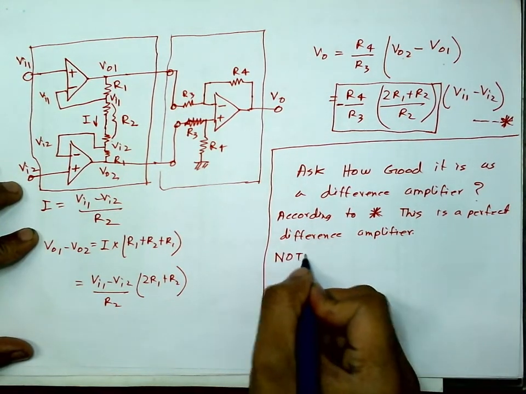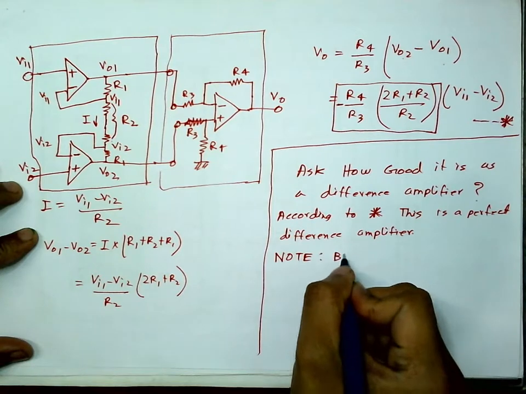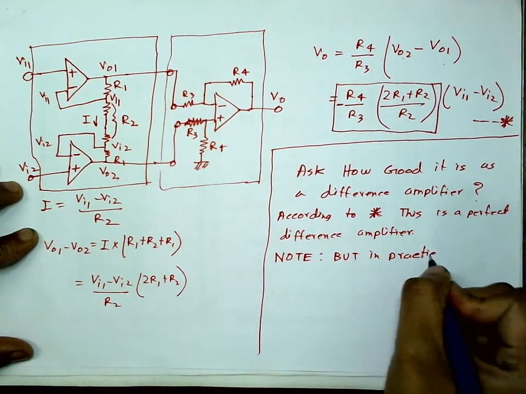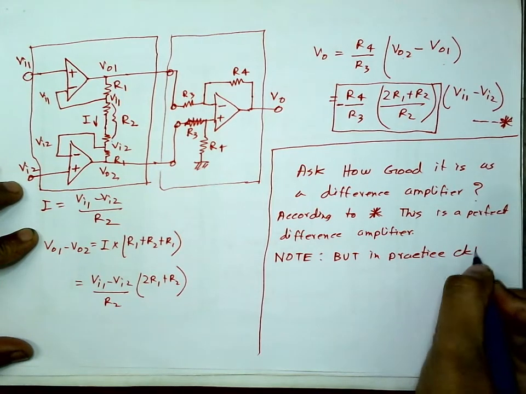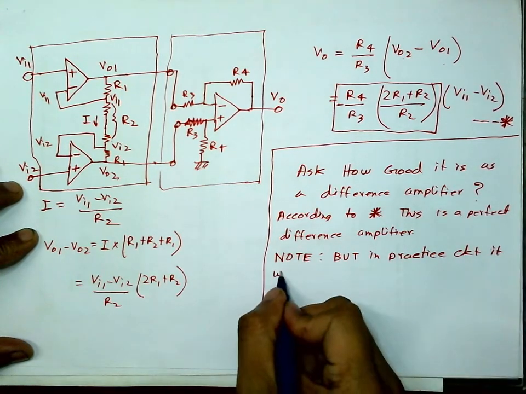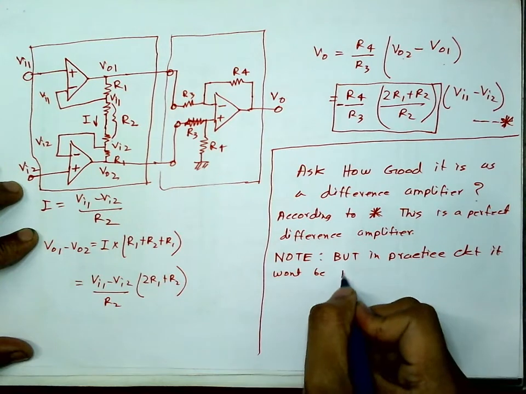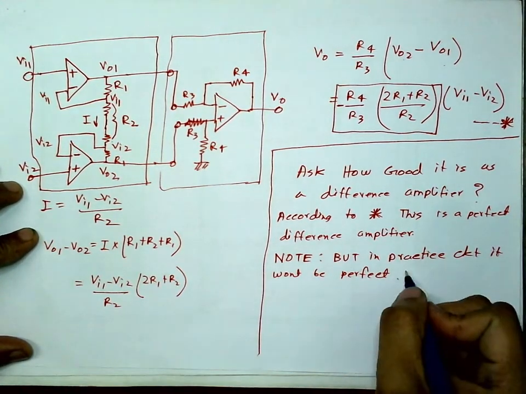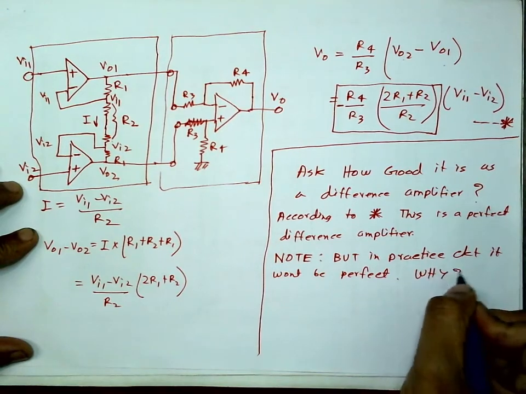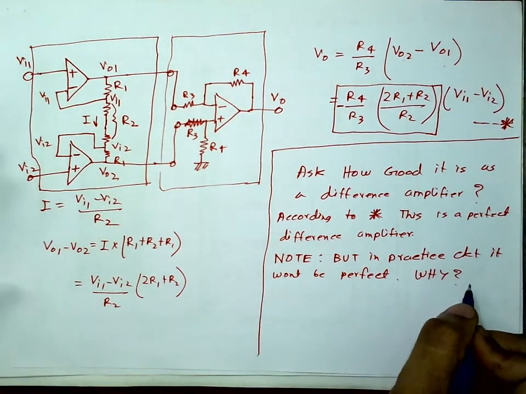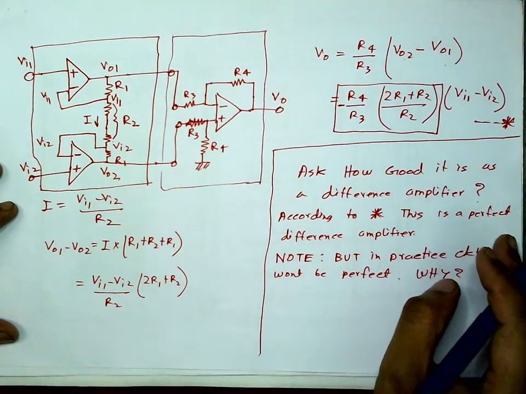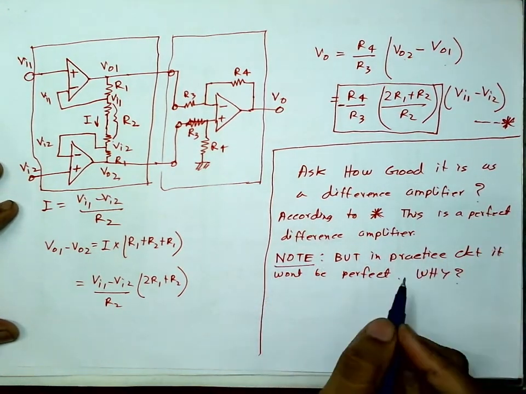Note, but in practice when we make this circuit, it won't be perfect. Why? There can be many reasons, I don't know, but I am aware of 2 reasons at least.